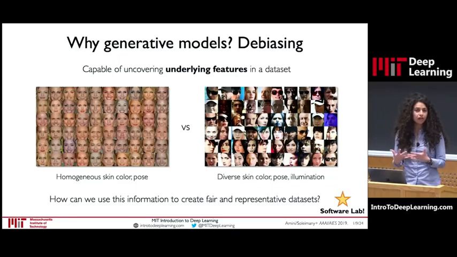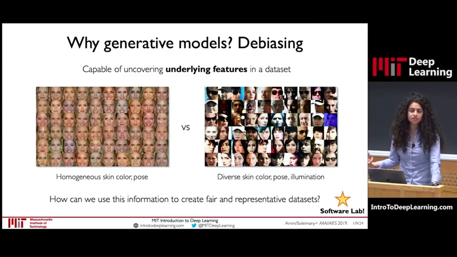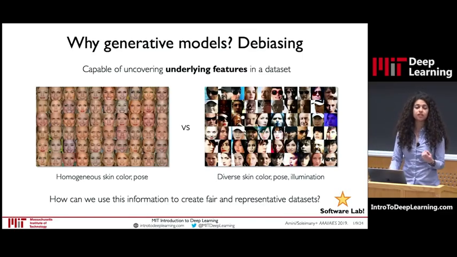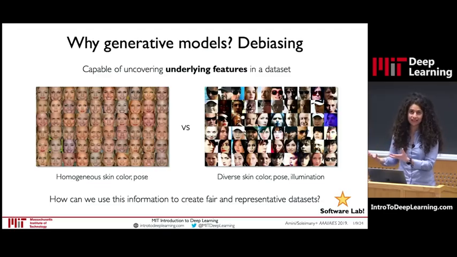In fact, we can use generative models to do more intelligent learning of the algorithm and the model itself, using information about which aspects of the probability distribution are more represented relative to others to train models that are more fair and less biased with respect to how they perform on particular facets of the underlying data distribution.